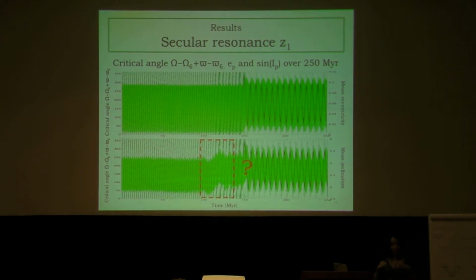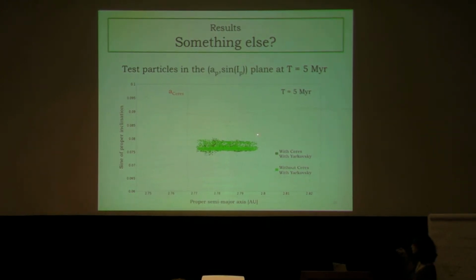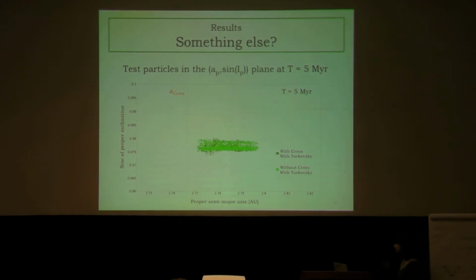This is where the comparison between our different dynamical models will be useful. Let me show you an animation representing our test particles integrated over a model with Cirrus and with Yarkovsky, the dark dots, and without Cirrus and with Yarkovsky, the light dots, in the first million years of integration.